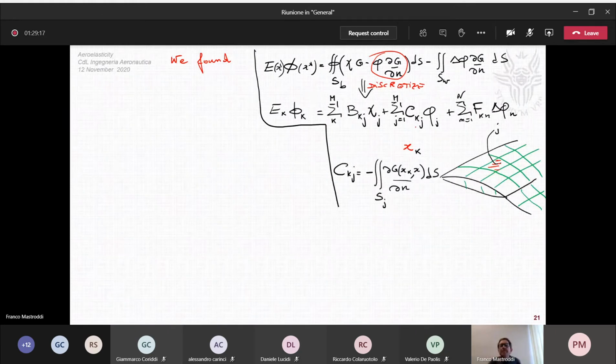I want to show you that this quantity is exactly this quantity. In other words, it's the angle under which you are seeing your panel from a point.